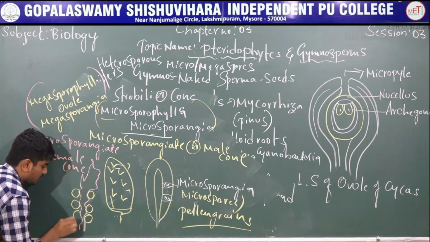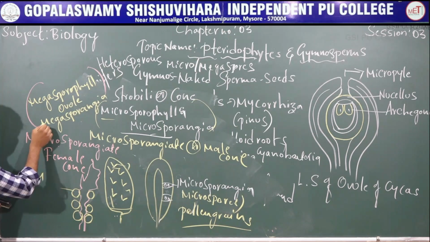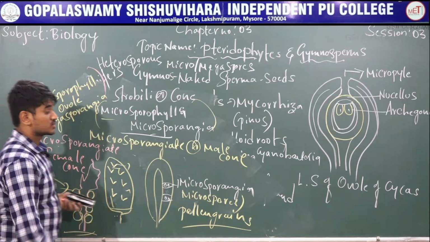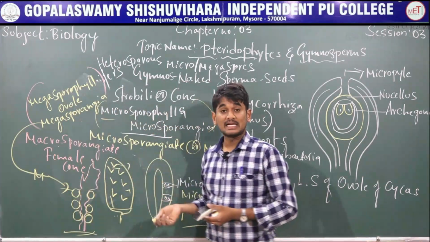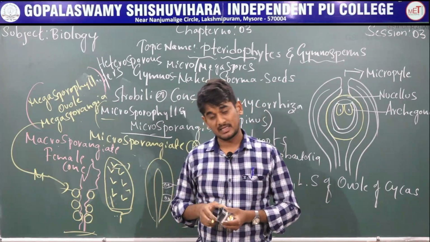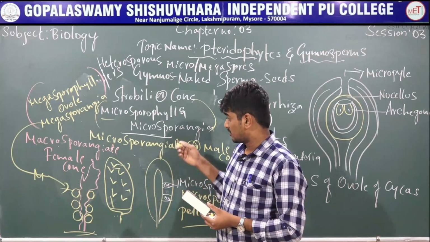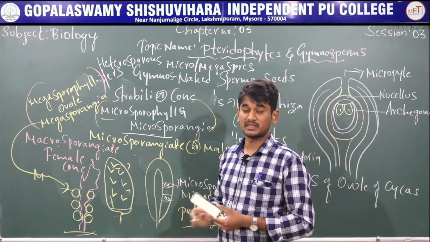So this is called megasporangium or megasporangia. Okay, so this is called megasporophyll. Both male and female strobili are produced on the same tree, for example Pinus. But in case of Cycas, the male and female cones are produced on different plants.